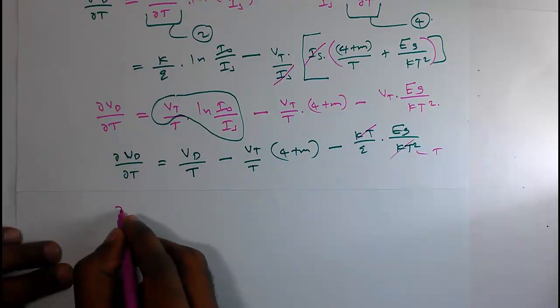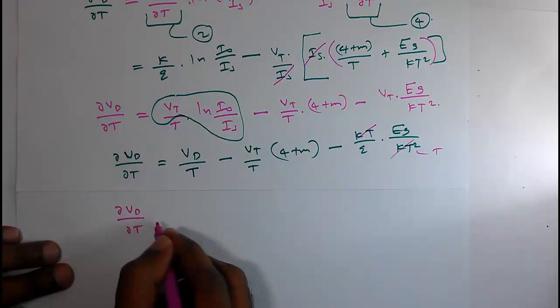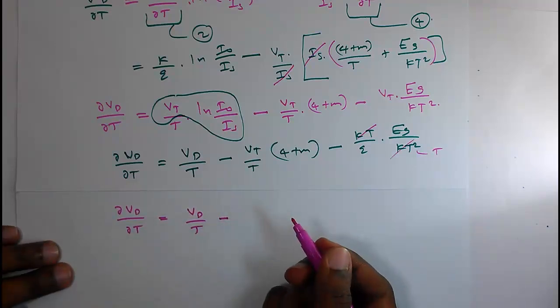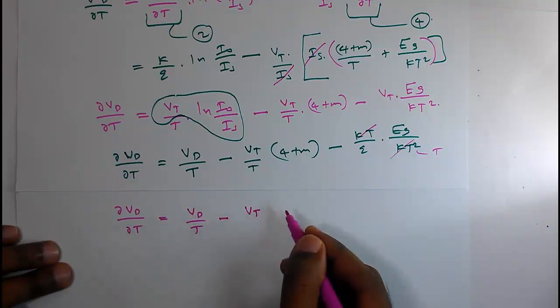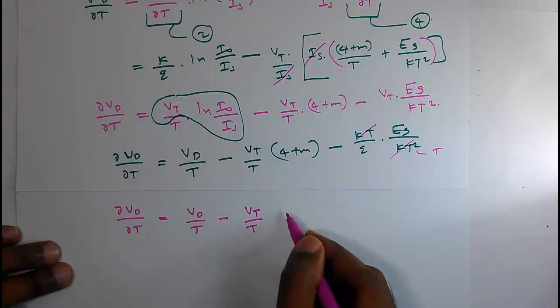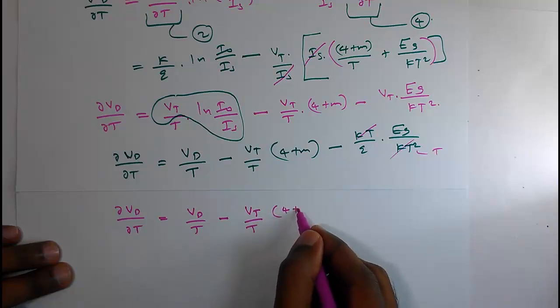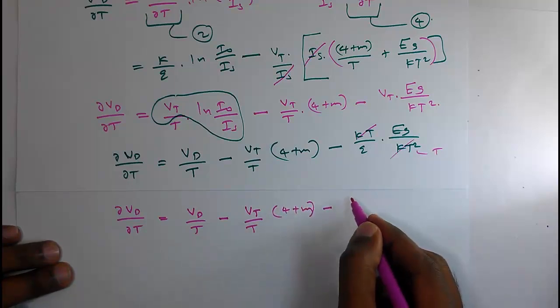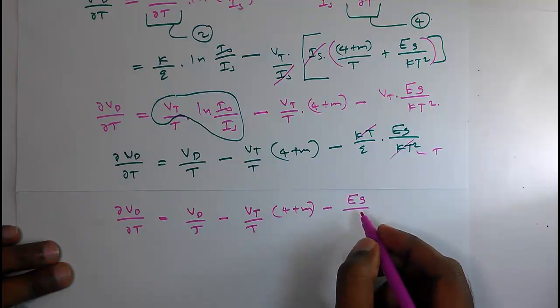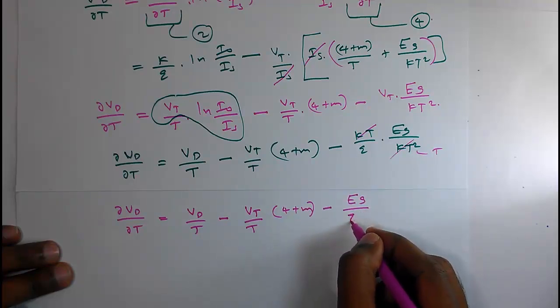Now I can write ∂Vd/∂T equals Vd/T minus (Vt/T)(4 + m) minus Eg/(qT).